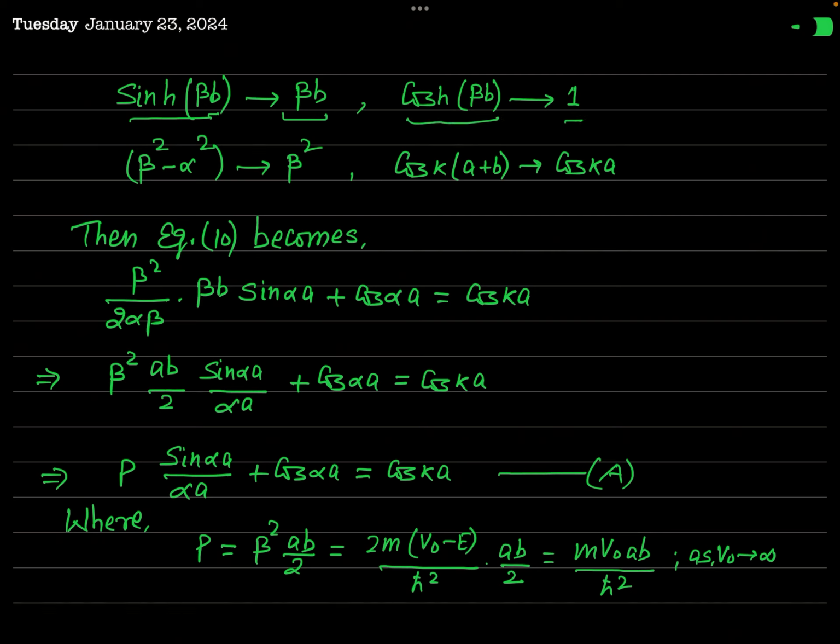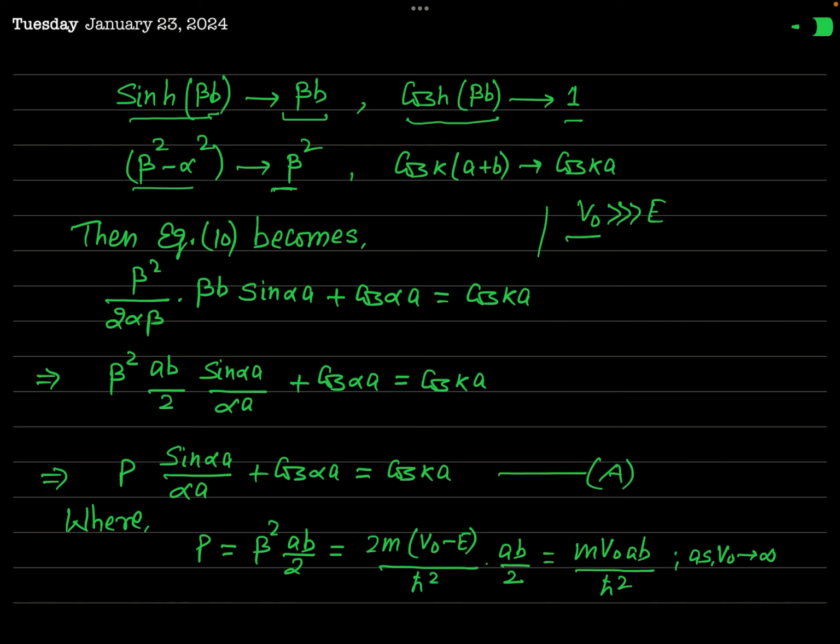And as you can see, this β² minus α² will be almost equal to β². Why? You can see that we have assumed that V naught is much greater than E, because V naught is tending towards infinity.